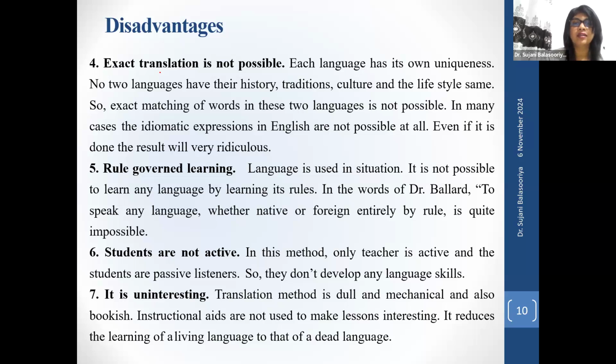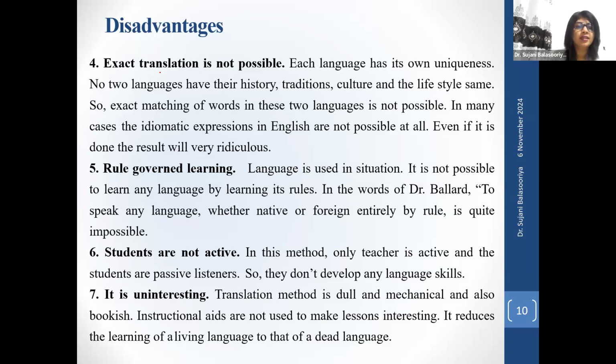Like idiomatic expressions, for example. Idiomatic expressions in English are not possible at all in some other languages. Even if you somehow manage to do the translation in such a situation, your translated sentence may not make any sense. Okay? That risk is there. That is the idea here in the fourth point: exact translation is not possible all the time.